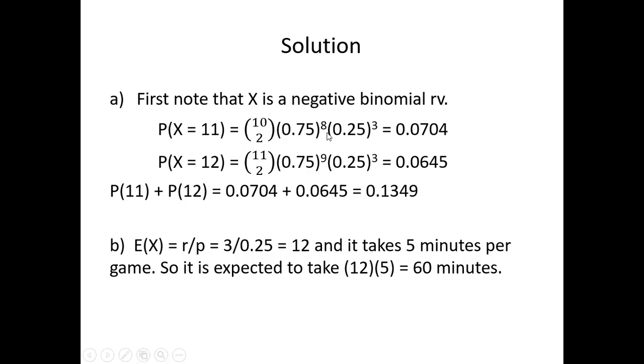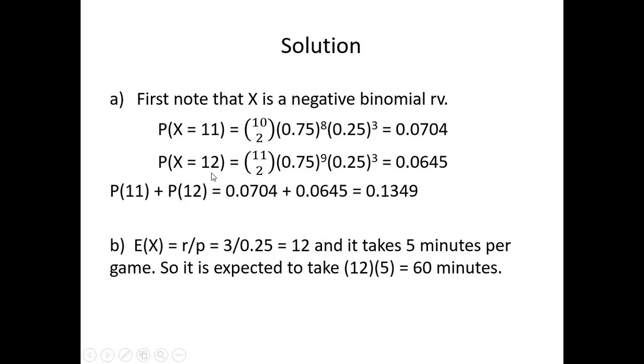One must lose 8 times in this example, so I get 0.75 to the 8th times 0.25 to the 3rd power. So here's a good answer. If we wanted to get it down to 4 decimal places, you can see this works out to 0.0704.